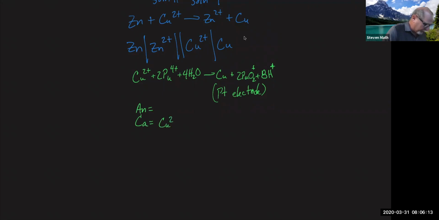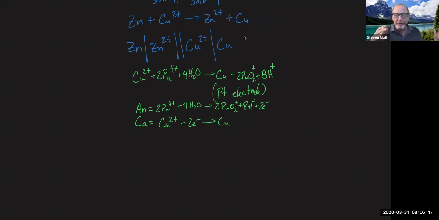It's copper 2+ plus 2 electrons goes to copper, and the anode is everything else. 2 plutonium 4+ plus 4 H2Os goes to 2 plutonium oxides, 8 hydrogens, 2 electrons. Well, if we look in our anode reaction, everything's an ion. All ions are aqueous. So what do we have to do?